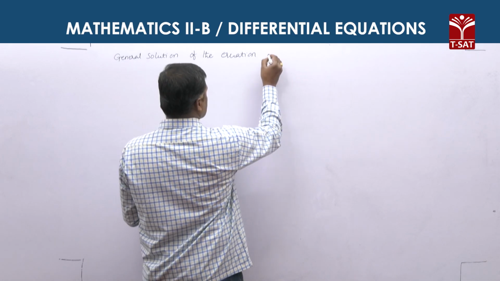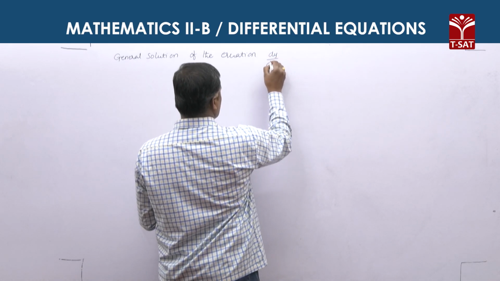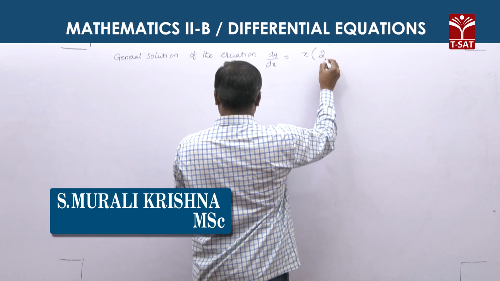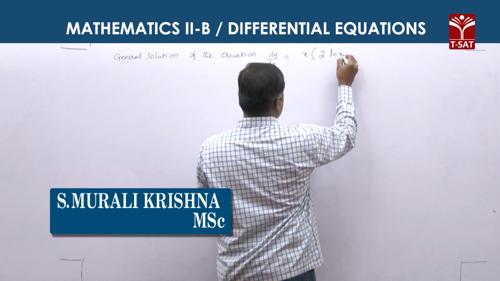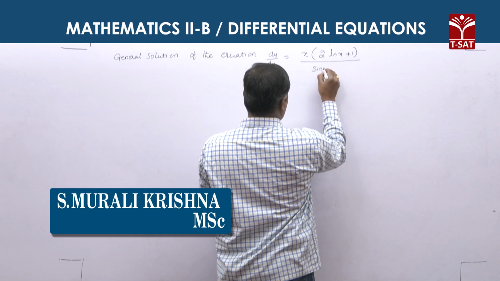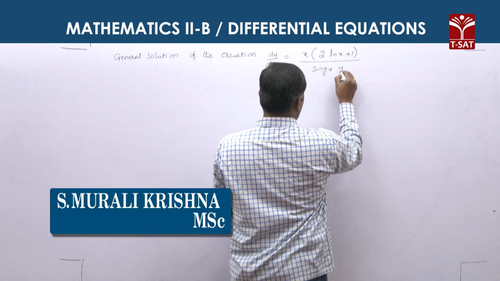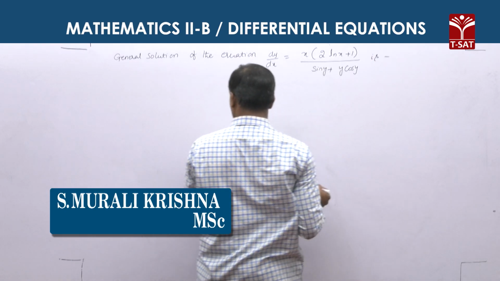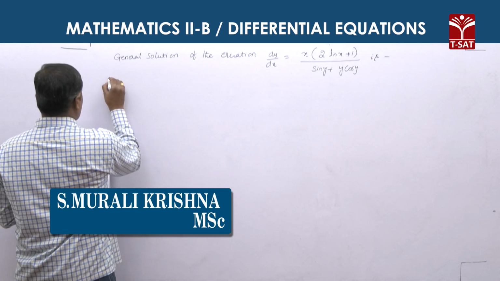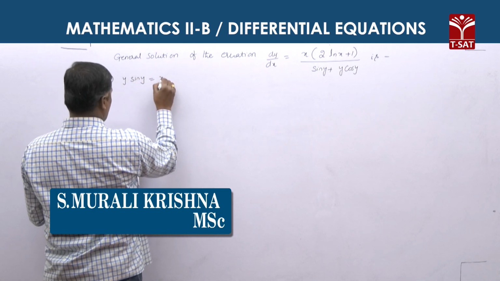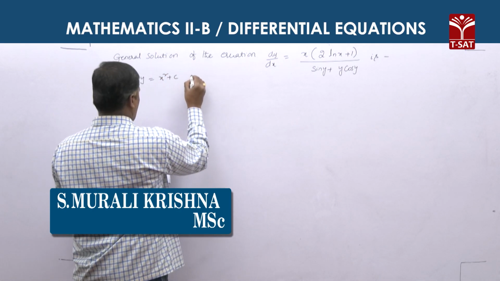dy by dx is equal to x into (2 log x plus 1) whole divided by (sin y plus y into cos y). First option: y into sin y is equal to x square plus c.